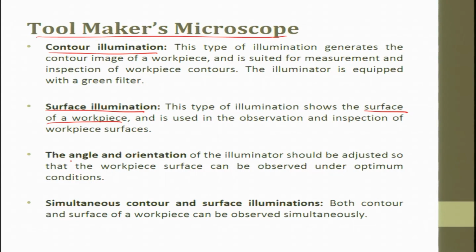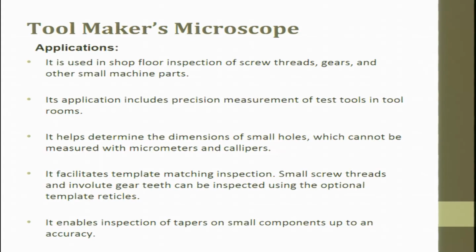The angle and the orientation of the illuminator can also be adjusted so that the workpiece surface can be observed under optimum conditions, and then simultaneous contour and surface illumination is also possible. Suppose this is A, this is B. So, this is nothing but A plus B, both contour and surface illumination can be done simultaneously to measure the workpiece deviations.